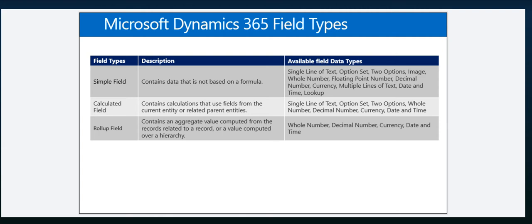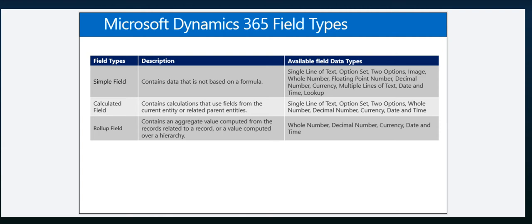Then there's a calculated field where you cannot input data, but there's a calculation automatically in the field that picks up information from this record or parent records and works with the data and aggregates it, does some kind of calculation, concatenation of other fields, for example, and that all happens automatically.